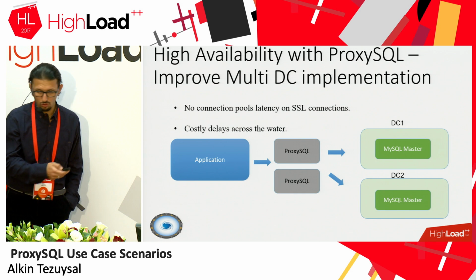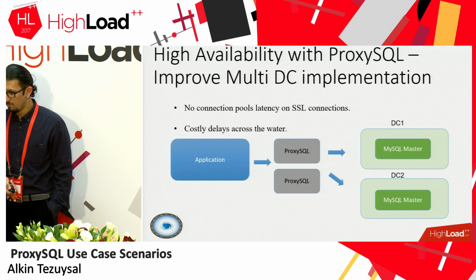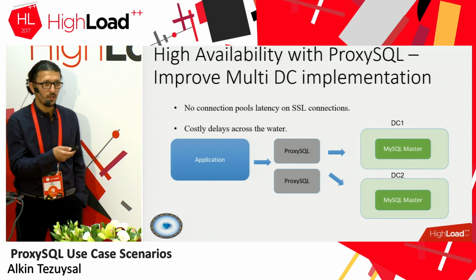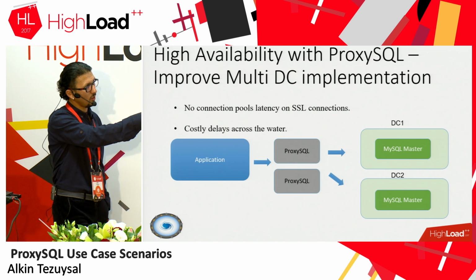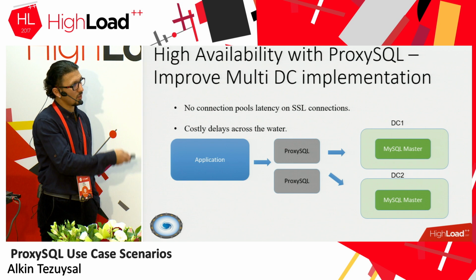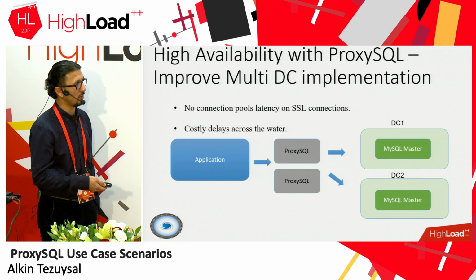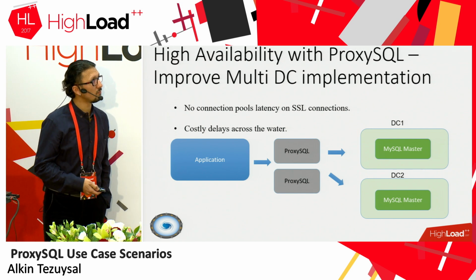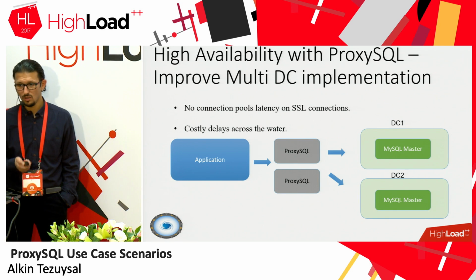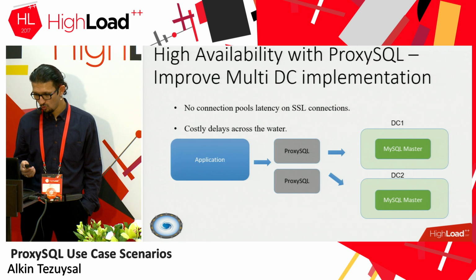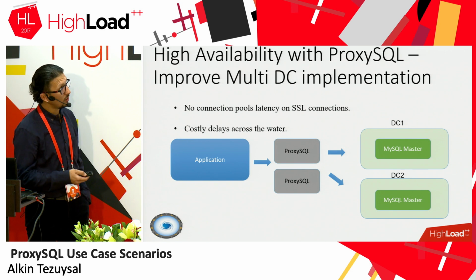So they chose to do this to avoid delay in the queries, because if they pointed to the second data center initially, the queries were delayed and timing out the whole time. So it was a problematic implementation, but with ProxySQL, they were able to solve that problem.